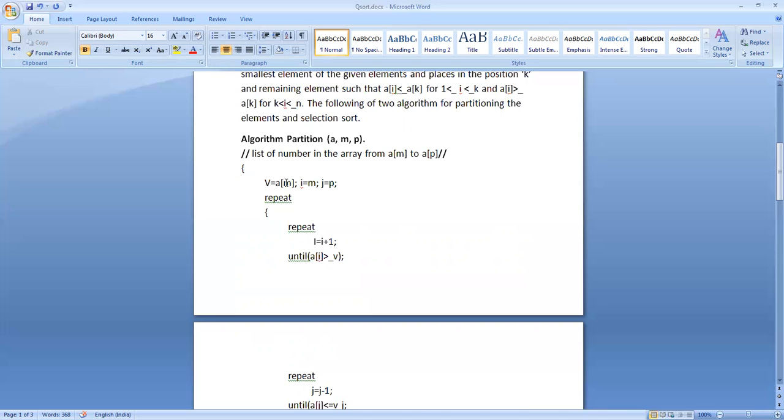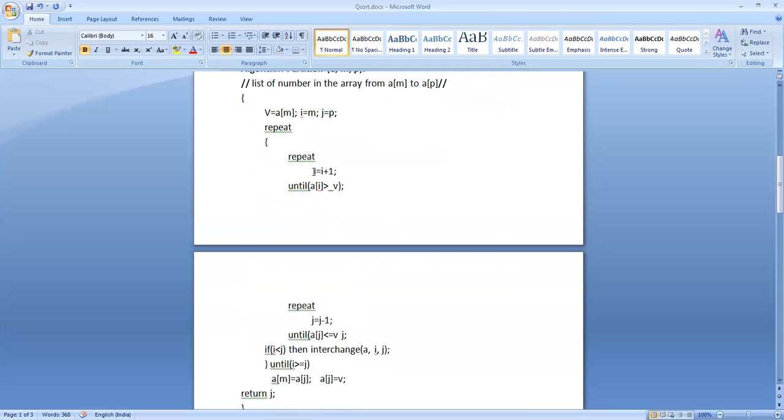We take the first value A of m as the partition value, assign the value of m to a variable i and the value of p to a variable j, then perform a repeat until loop. I told you what the repeat until loop is. It is similar to a do while loop, but different in the sense that the repeat until keeps executing as long as the Boolean condition is false. Once the Boolean condition becomes true, the loop is terminated.